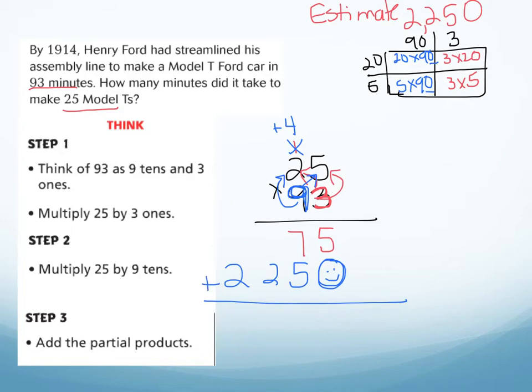That gives me an answer when I add my partial products. 5, 7 and 5 is 12, 2 and 1 is 3, and 2 plus nothing is 2. 2,325 minutes. If I look back at my estimate, 2,250 is close to my exact answer of 2,325, so I can say that my answer is reasonable, and my multiplication is probably correct.